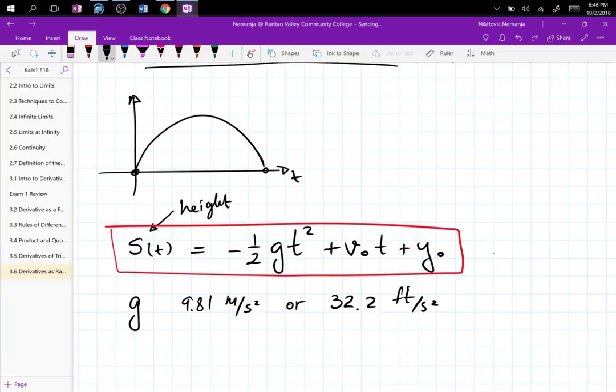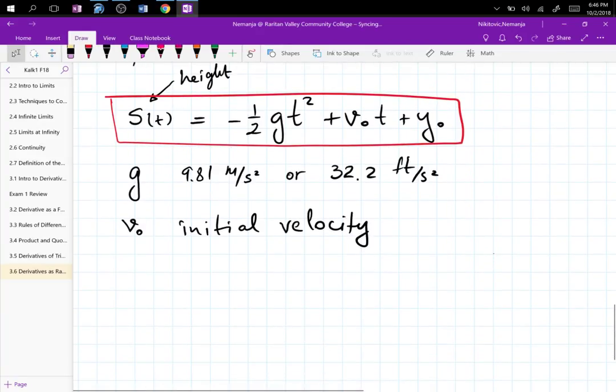Now, can I round this to 10? Sure, depending on how picky you want to be with the problem. Then we have v0. That's initial velocity.